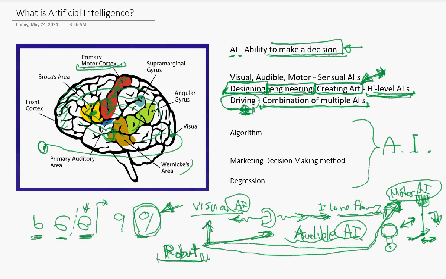He invented this Markov process kind of things. He was blind, but he could do that. So it's not that all the AI is required for a certain task. The AI is more specific to make a decision for a certain task. That's the AI. Okay, I hope you get some idea.